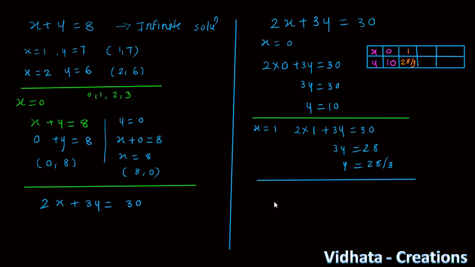So if you take y is equal to 0 and put it in the equation, you will get 2 multiplied by x plus 3 multiplied by y is equal to 30, and here you get 2x is equal to 30. Got it? And you get x is equal to 30 upon 2, which is 15.